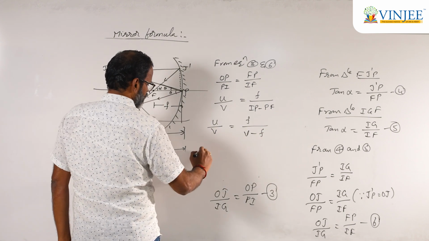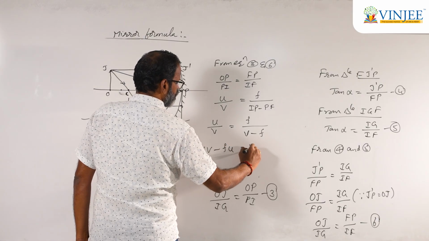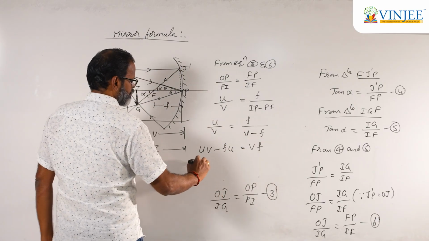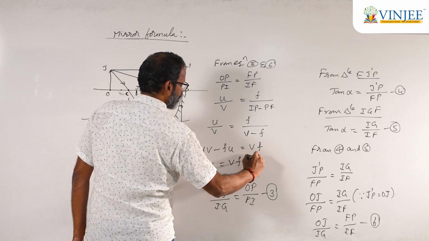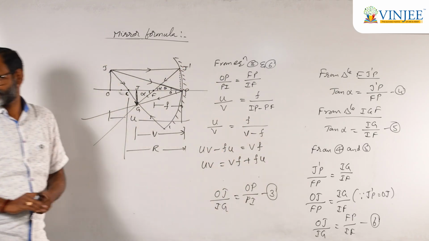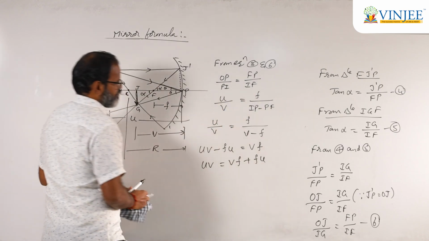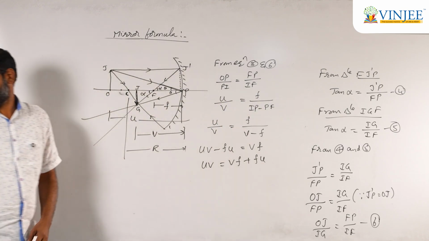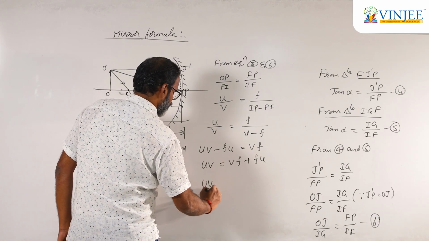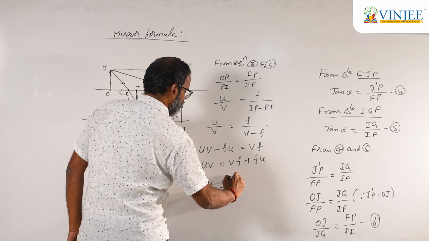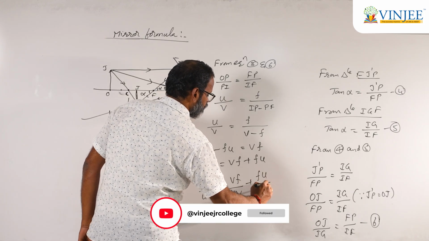So cross multiply: UV minus FU is equal to VF. So from this equation, UV is equal to VF plus FU. Dividing this equation by UV, UV by UV is equal to VF by UV plus FU by UV.